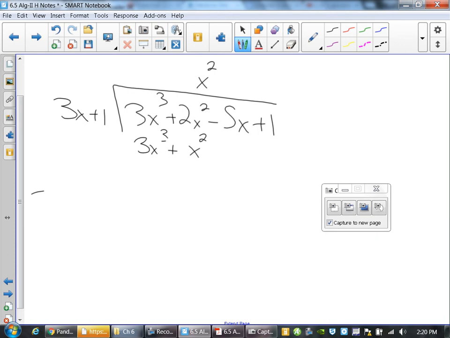And now I subtract. That's gone. What's 2 minus 1? 1. What do you have to multiply 3 by to turn it into 1? A third.